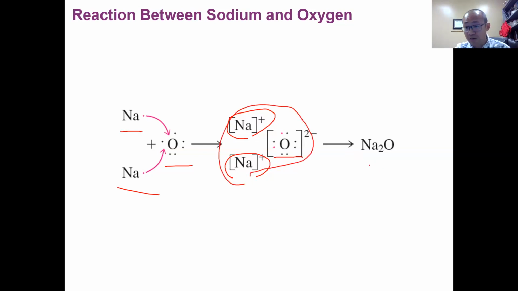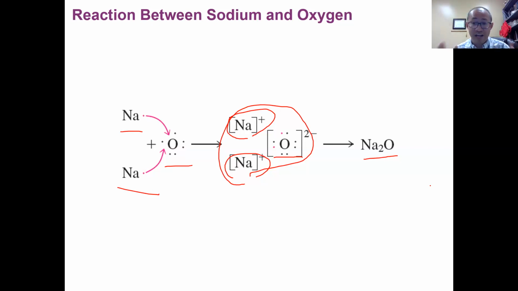And the formula, of course, will be Na2O, because 2 sodium per 1 oxygen. So the ratio is 2 to 1 for sodium oxide. Again, you have to know the exact sequence, and you have to show the exact sequence if you're asked to represent the formation of ionic compound using Lewis structures.